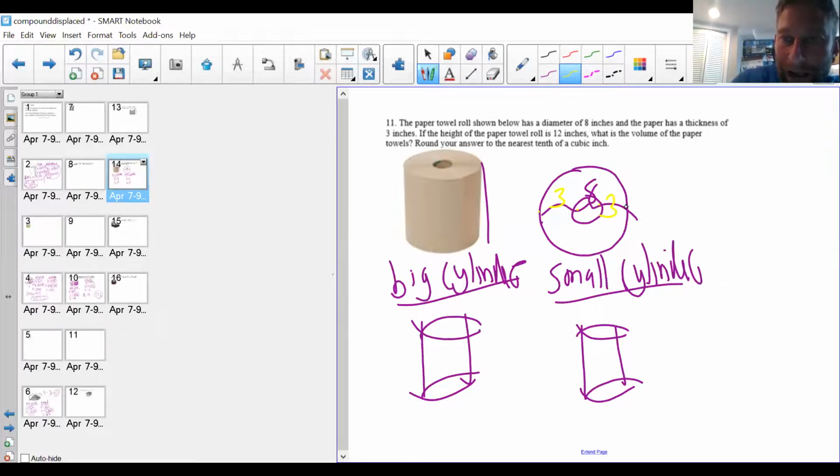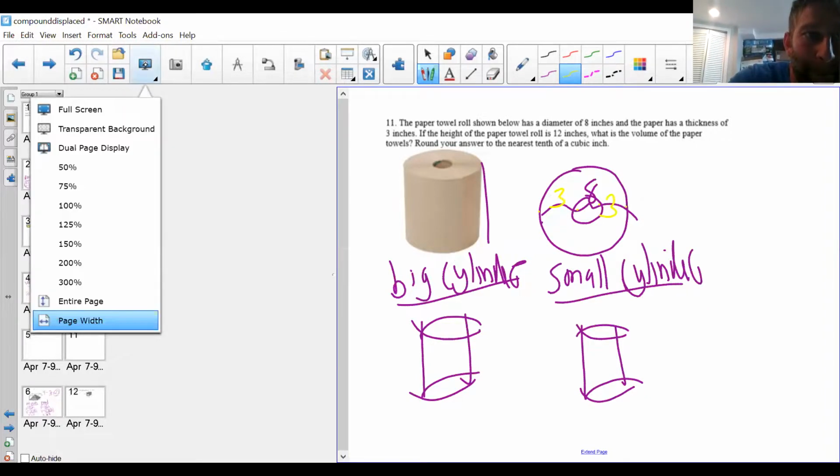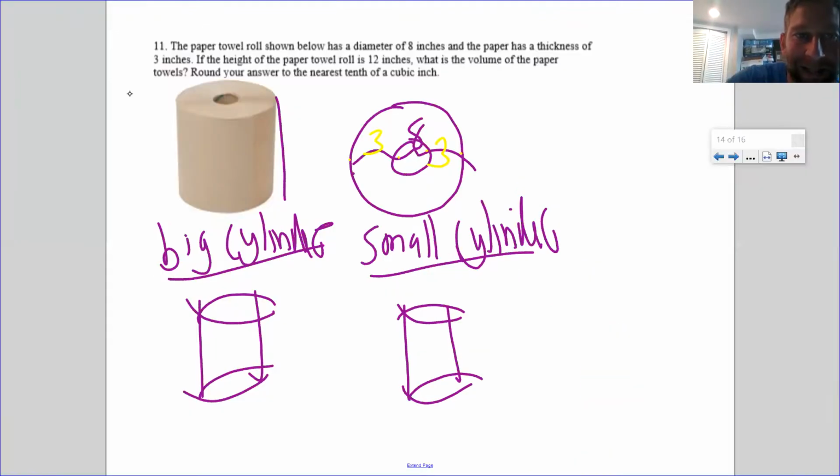So my big cylinder has a diameter of 8 and the height is 12. My small cylinder has the same height, but take a look. This is the base of my small cylinder. What's the diameter of that?